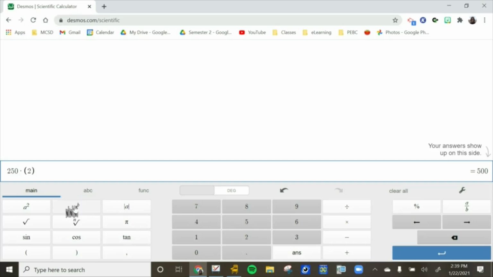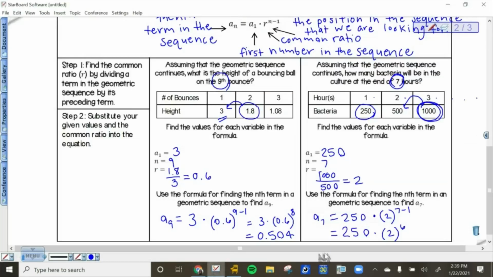It says A to the B. See it? Okay. A to the B, and then the cursor just moves up into the superscript, and then we plug in 6. And that gives us our answer, 16,000. So there's going to be 16,000 bacteria after 7 hours.